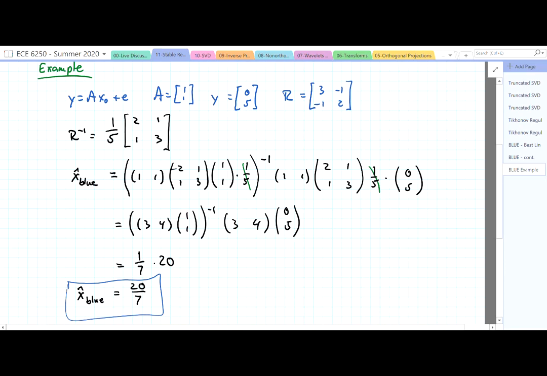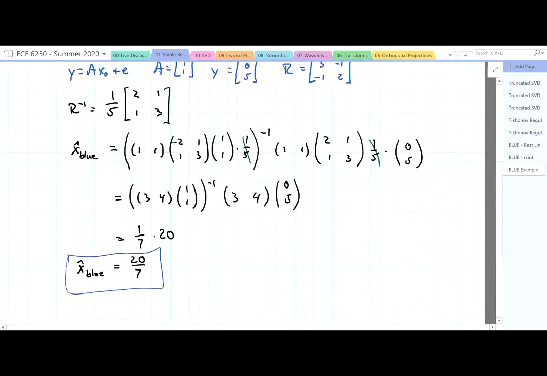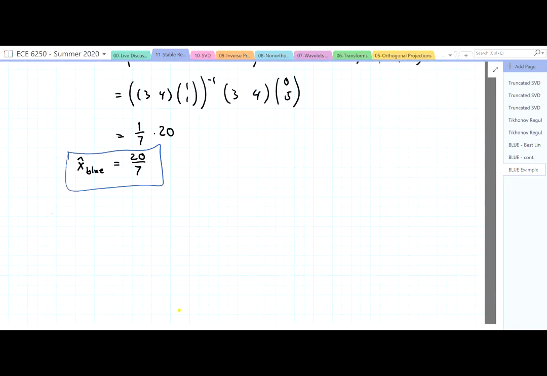Next, let's see if we can figure out what the actual error is. And where would we go to get that? Well, we just solved this, right?